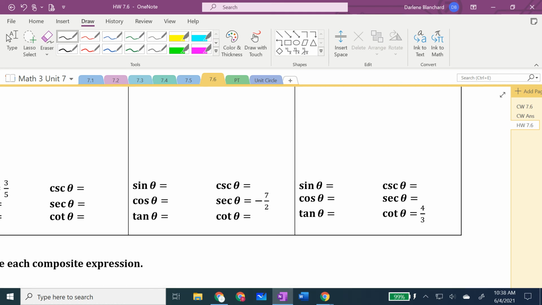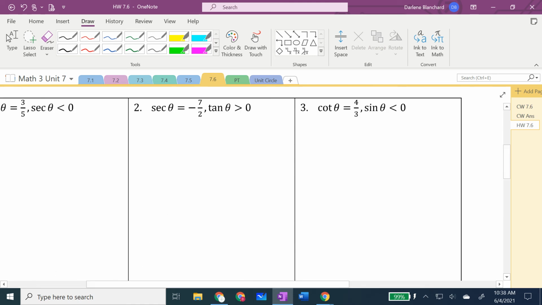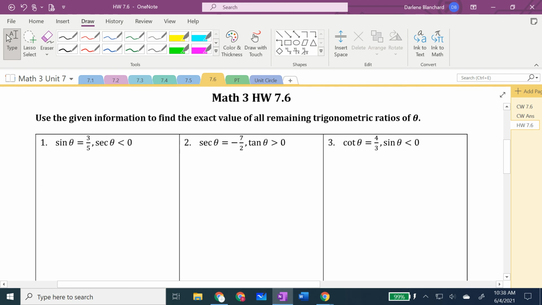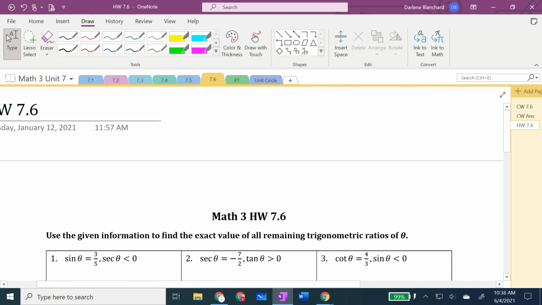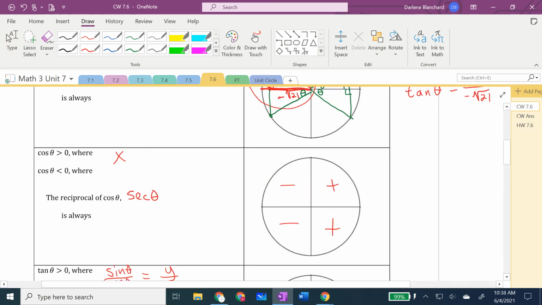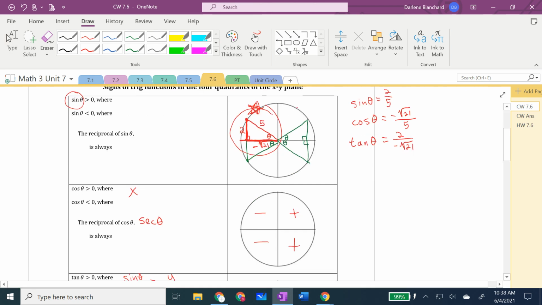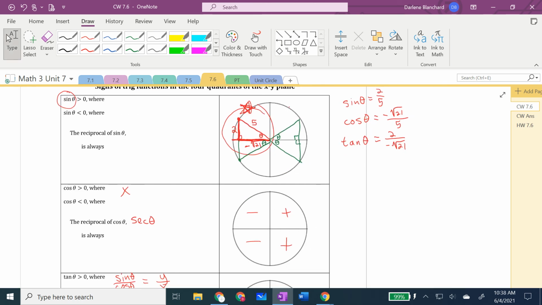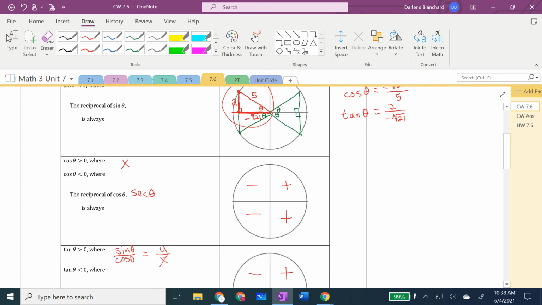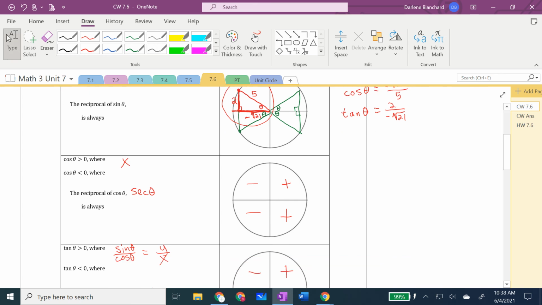If you've got just that much information and you understand what I just said there, and you understand the fact that sine represents y, cosine represents x, tangent represents y divided by x.